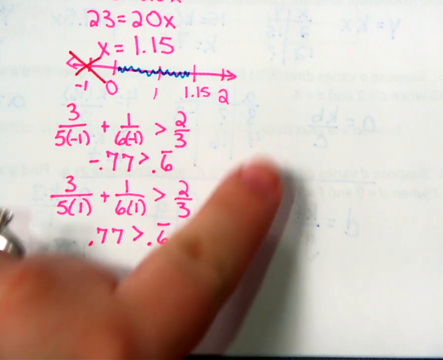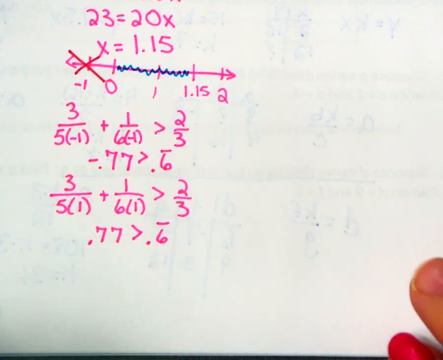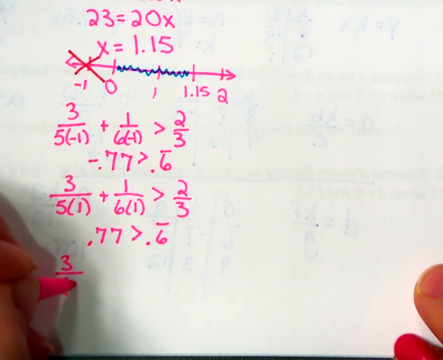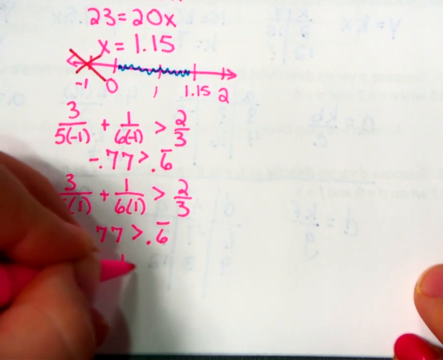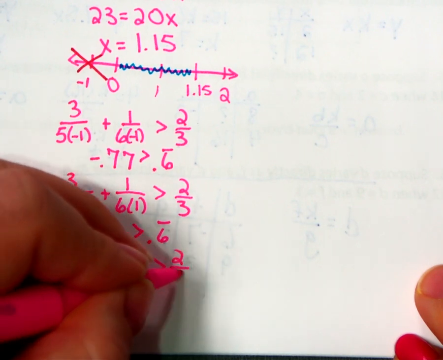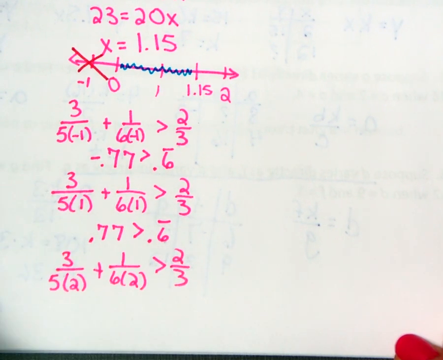And finally, we need to try something in the last portion. So 3 over 5 times 2 plus 1 over 6 times 2 is greater than 2/3.